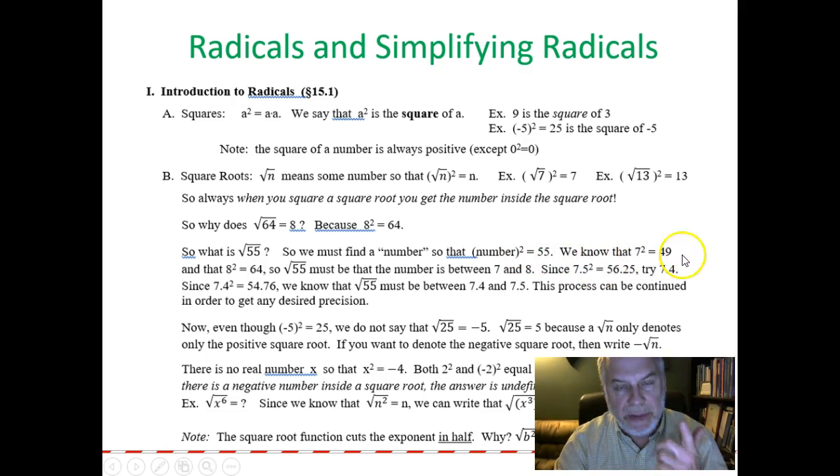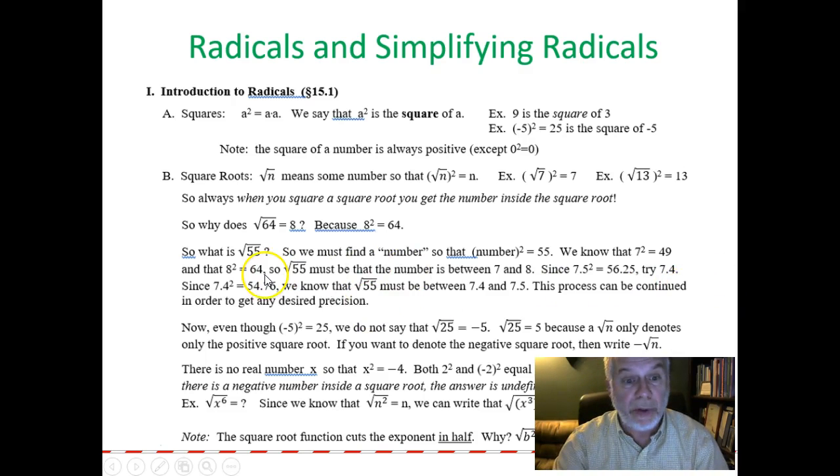Now we know that 7 squared is 49, so that's not quite large enough. 8 squared is 64, so that's too large. So square root of 55 must be some number between 7 and 8. Now you could try 7.5. You square that, you get 56.25. So that's a little bit too large.